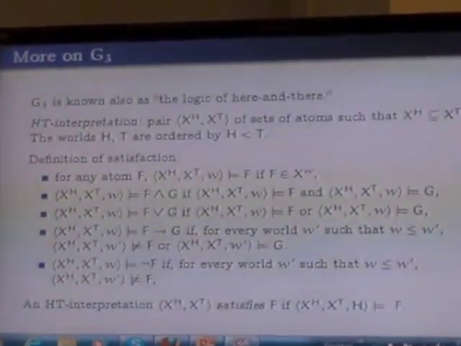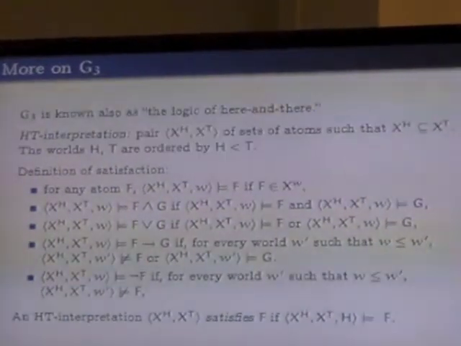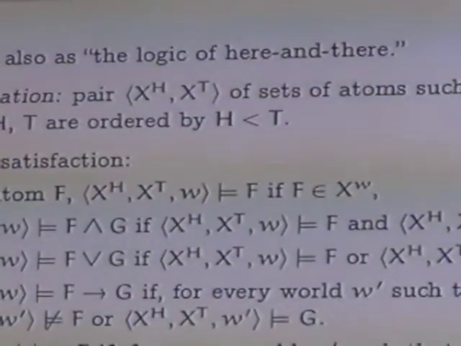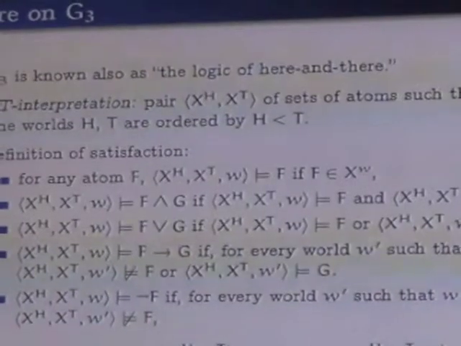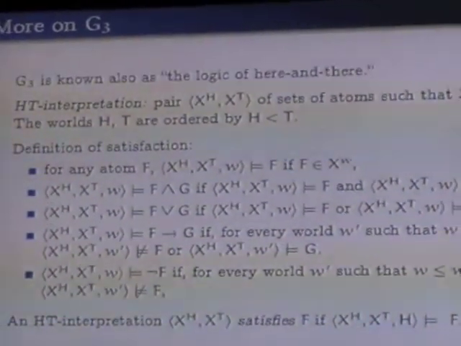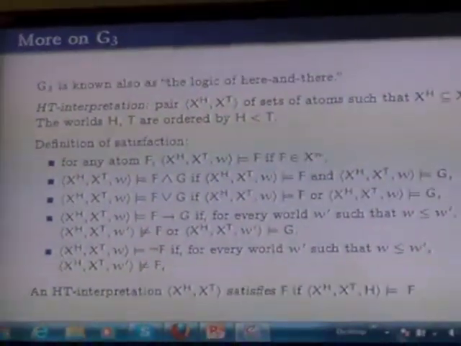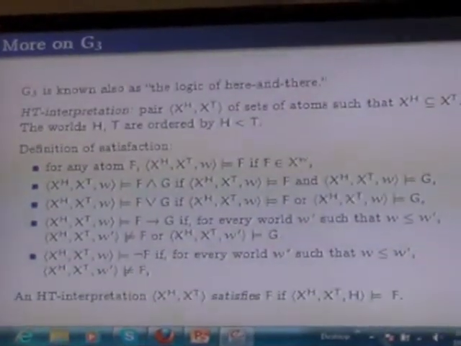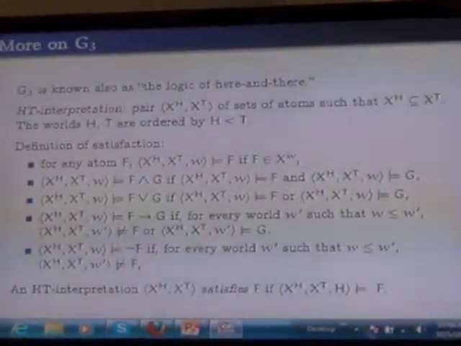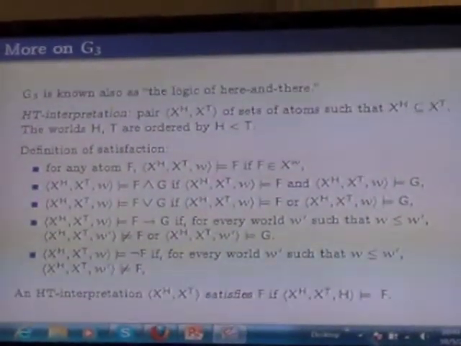G3 is known under many names. One of them is the wonderful name, the logic of here and there. Because if you look at it from the point of view of Kripke models, then you can describe it by models with two worlds only. And if you call this the here world and the there world, then it's a logic of here and there.